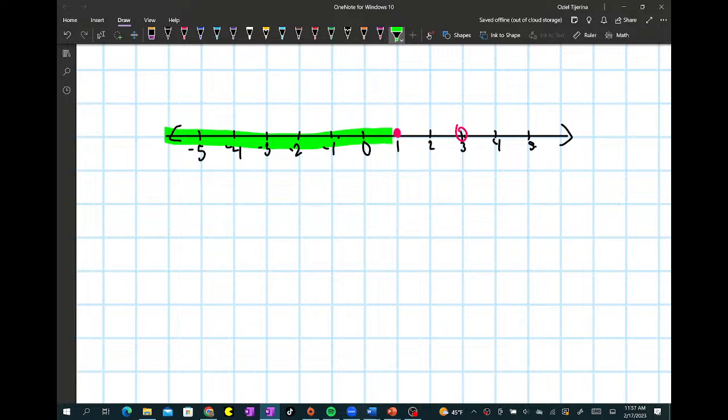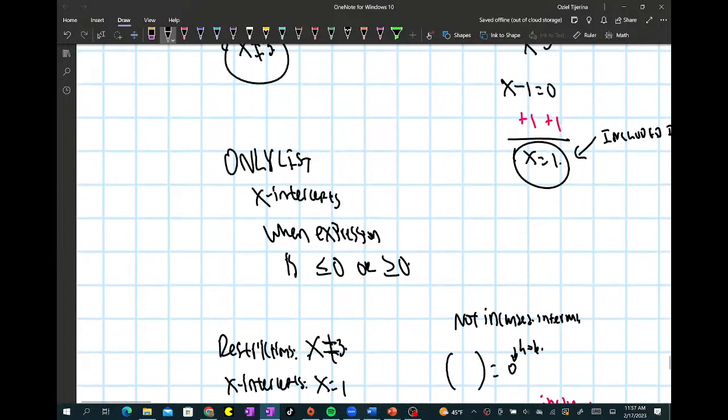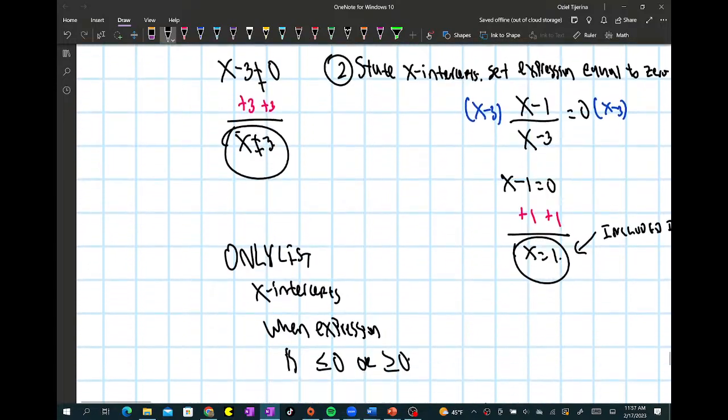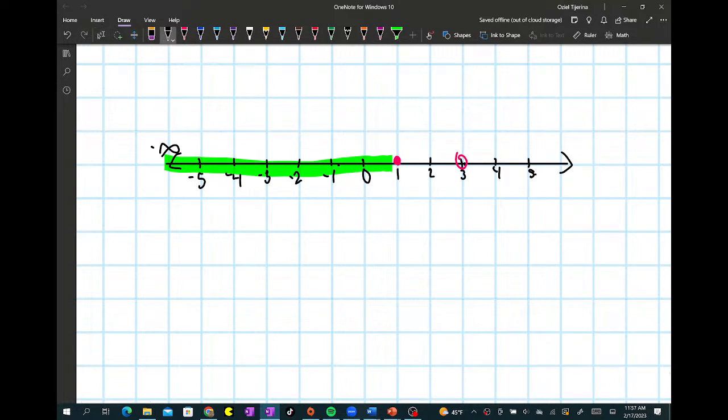We have one from negative infinity to 1 because we need to test those intervals to see where it is greater than 0, where it is less than 0 or equal to 0, right? Obviously at 1, like I said, that is why we did the x-intercept, because we needed to know where it's included in the interval because of that equal to sign, that greater than or equal to.